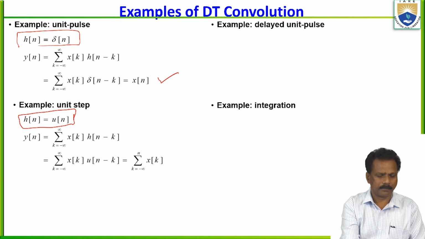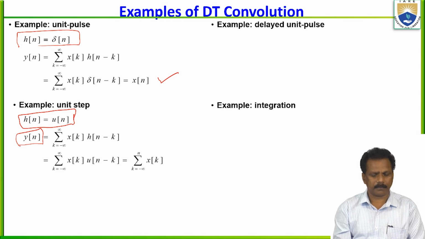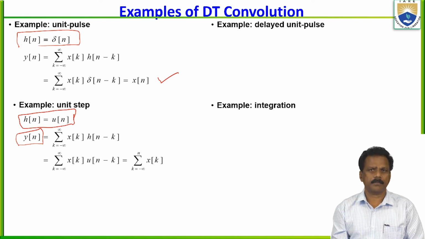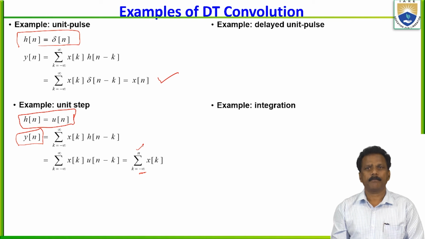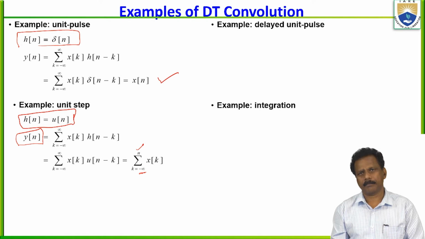How do we calculate y of n? y of n is the summation k equal to minus infinity to plus infinity of x of k into h of n minus k. That is, y of n is the summation of x of k into u of n minus k, which is equal to the summation k equal to minus infinity to n of x of k.